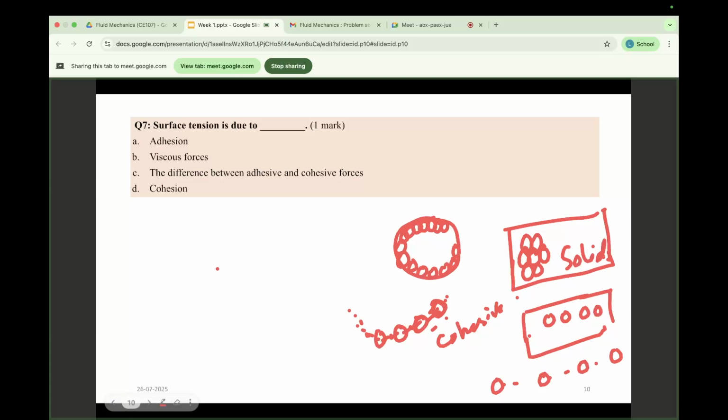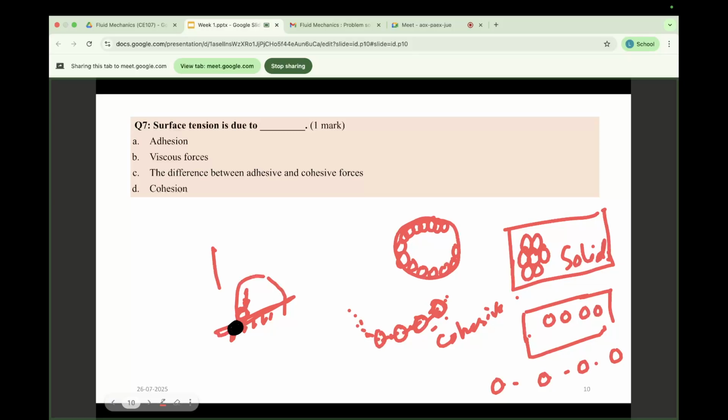And say this is a surface, and the water droplet is here. These are water molecules, right? And this black one is the wall molecule. So this one is the wall molecule, and this one is the liquid molecule.